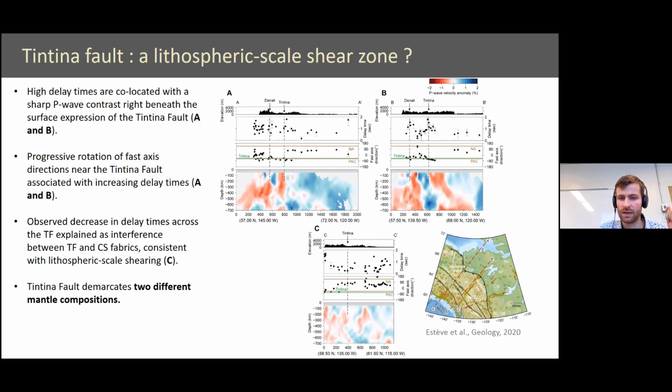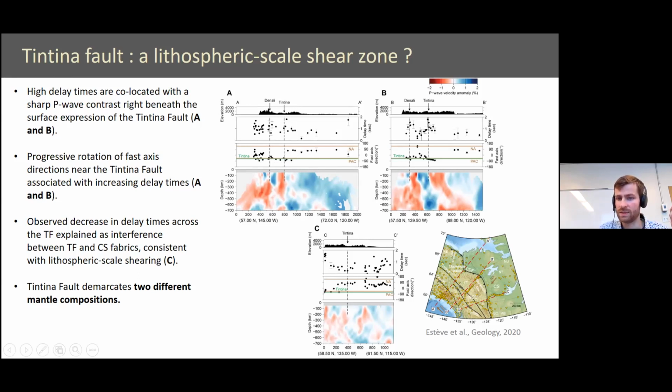And so what we observe again is that we have this rapid increase in delay times as we approach the Tintina fault, but also as we approach the Denali fault. And we observe this rotation of fast axis direction as we approach the Tintina fault and the Denali fault.